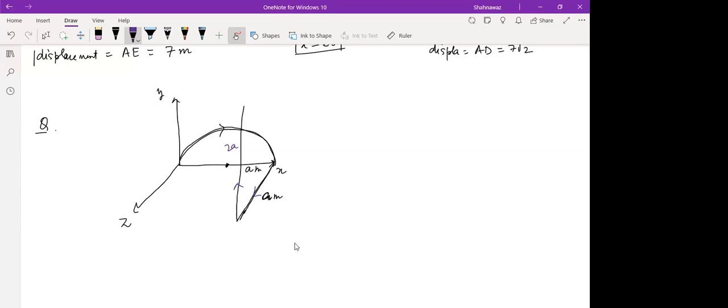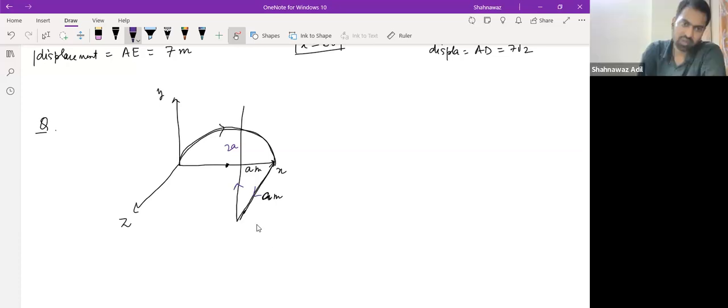Yes, sir. So a body starts from O, and then makes a semicircle and reaches point A. Then it goes A units in Z direction, which is B, and then it comes to this point C. So this is the motion of an object.